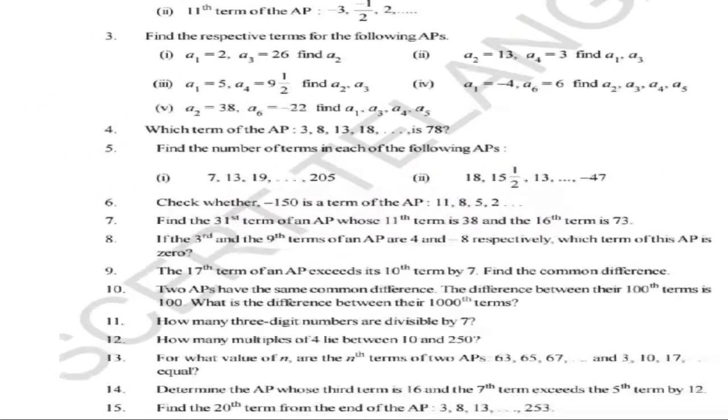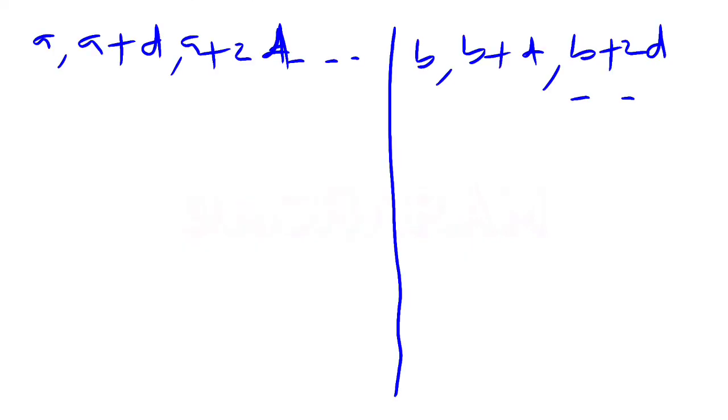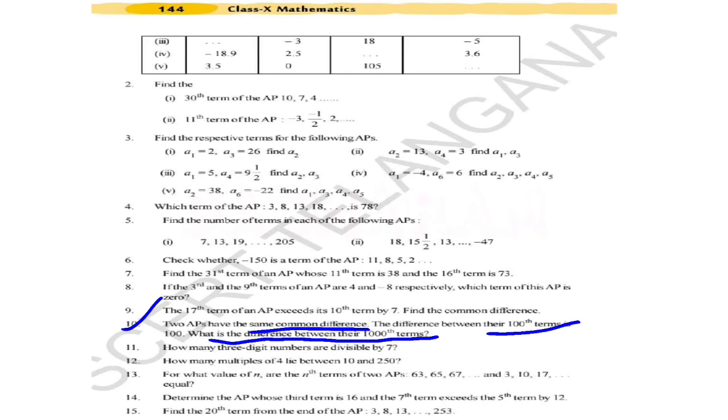Next, 10th question. Two APs have the same common difference. The difference between their 100th terms is 100. What is the difference between their 1000th terms? Okay, so here I selected two different APs, but in these two APs I took the common difference the same, because as per the question they have the same common difference.